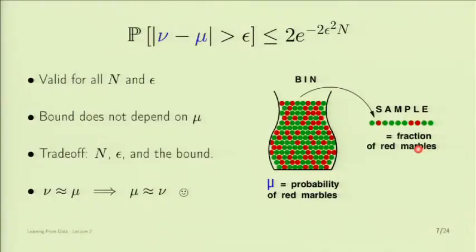Lucky for us, the form of the probability is symmetric. Therefore, instead of saying that nu tends to be close to mu, which would be the accurate logical statement, mu is there, and nu has a tendency to be close to it, we say instead that I know already nu, and now mu tends to be close to nu. That's the logic we are using.